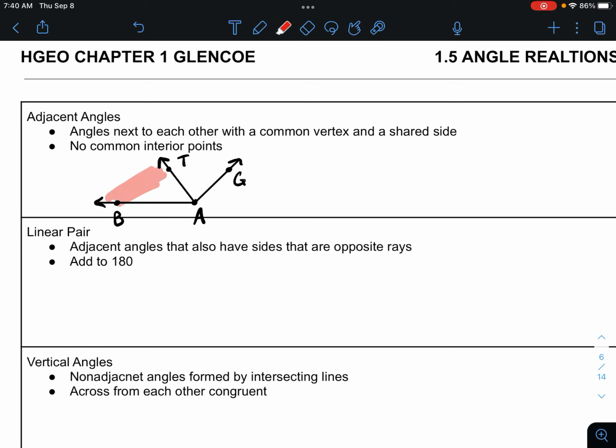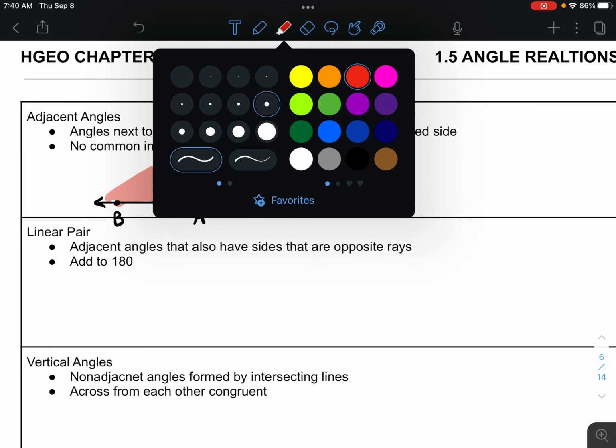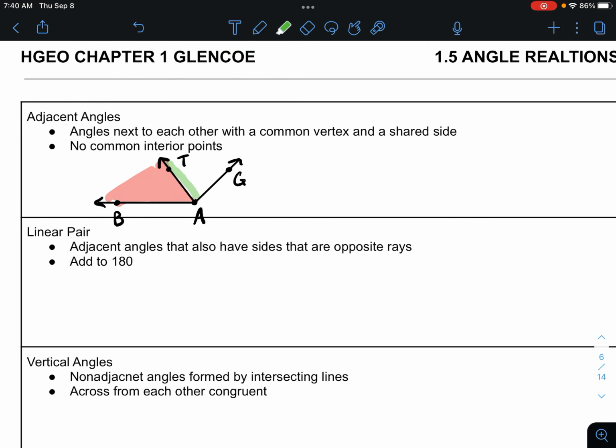I'm going to just highlight these here as best I can. So we got this red angle here, and then let's highlight the other one green. We got these two different angles. So we can say that angle BAT is adjacent to angle TAG.